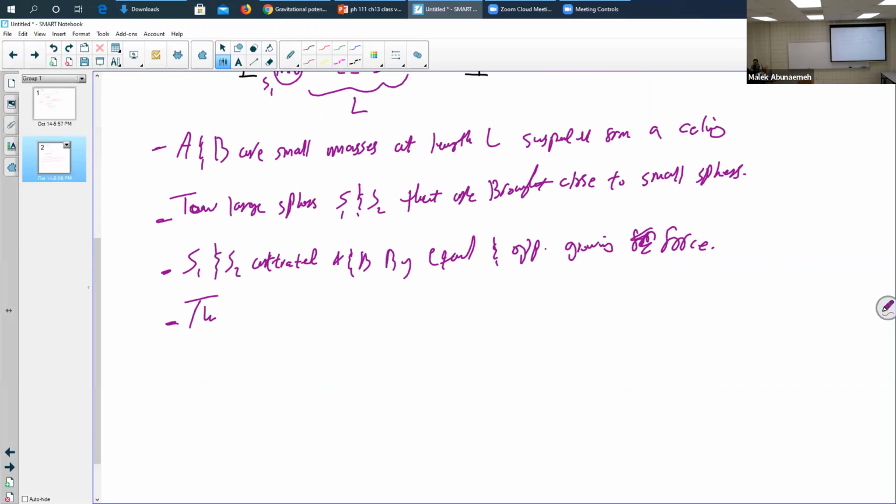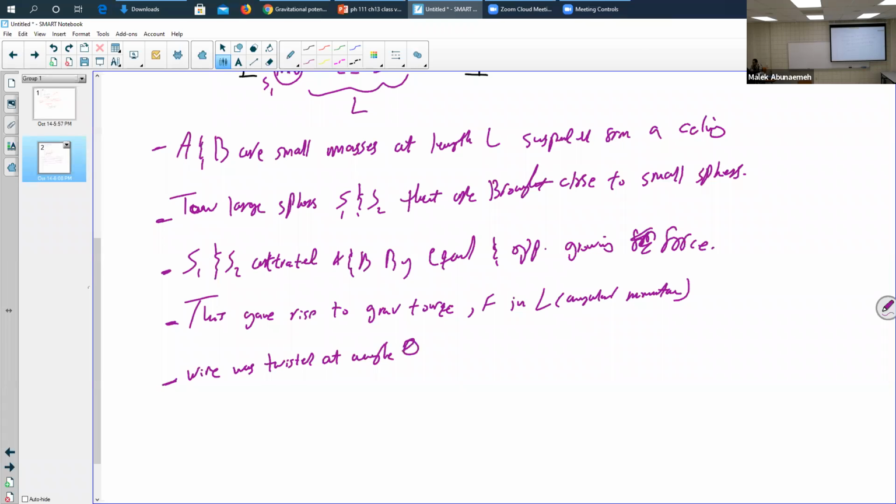Now, what happened gave rise to gravitational torque, which is F times the angular momentum. Now, the wire was twisted at angle theta. And think of it this way.